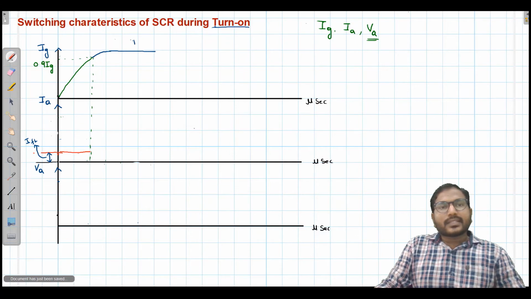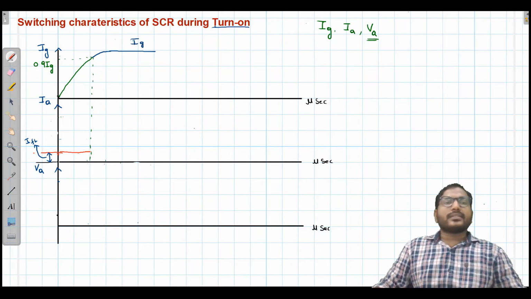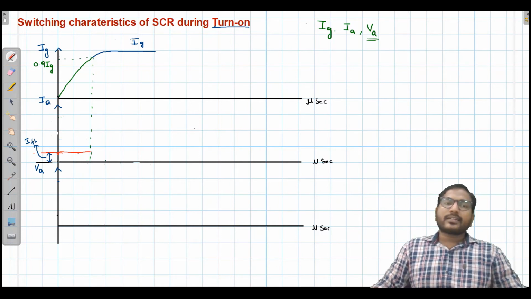So as gate current increases to its maximum value, that is Ig, now the conduction will increase. Now the rated gate current is available. This gate current is enough to conduct the SCR, means conduction improves.